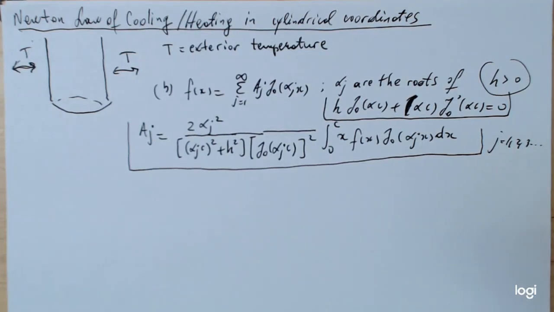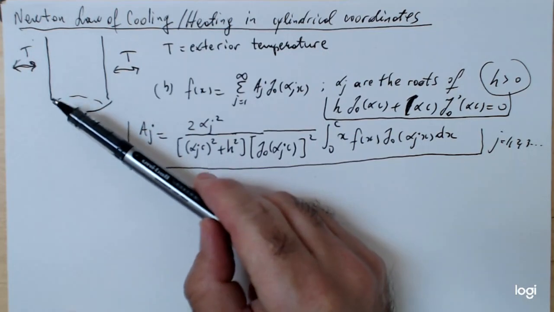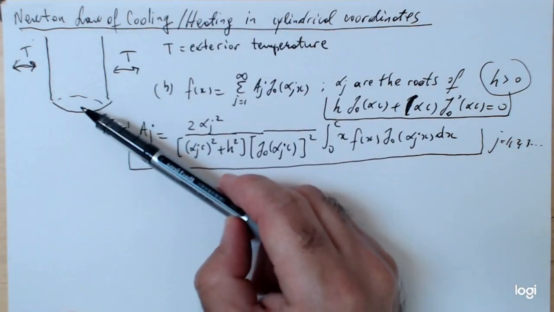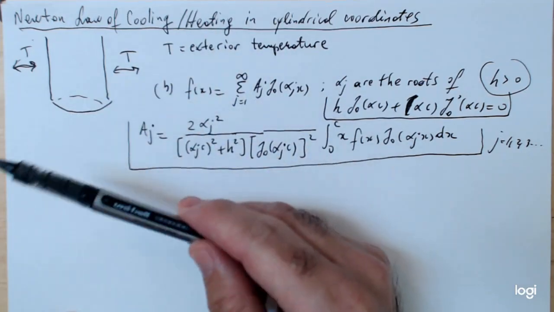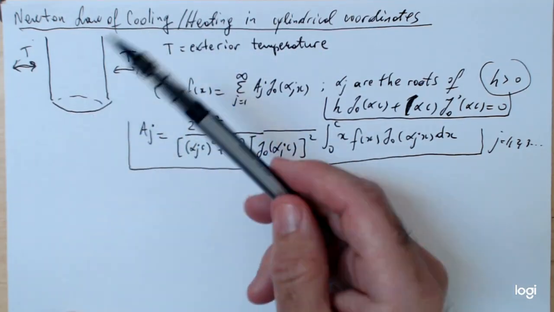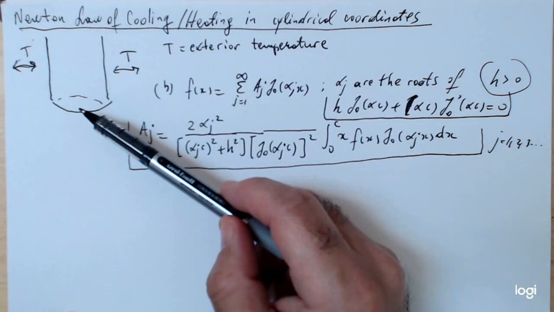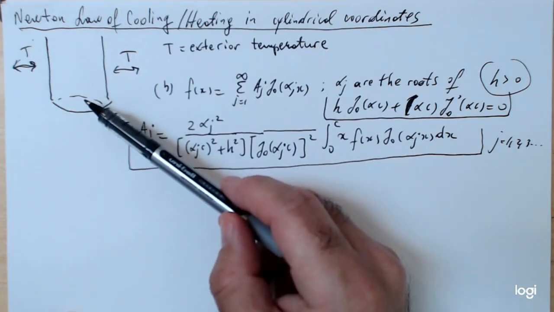Let's remember what Newton's law of cooling states from a physical perspective. If you have an object, in this case in cylindrical form, we assume that the surrounding medium, the environment in which this object is placed, maintains a constant temperature.